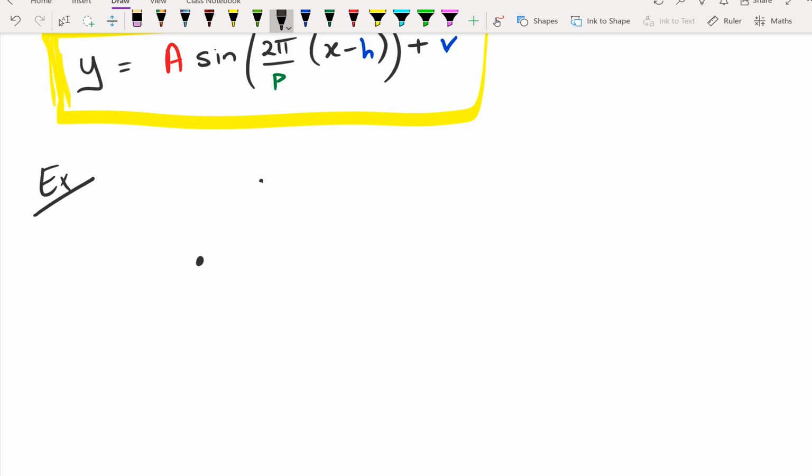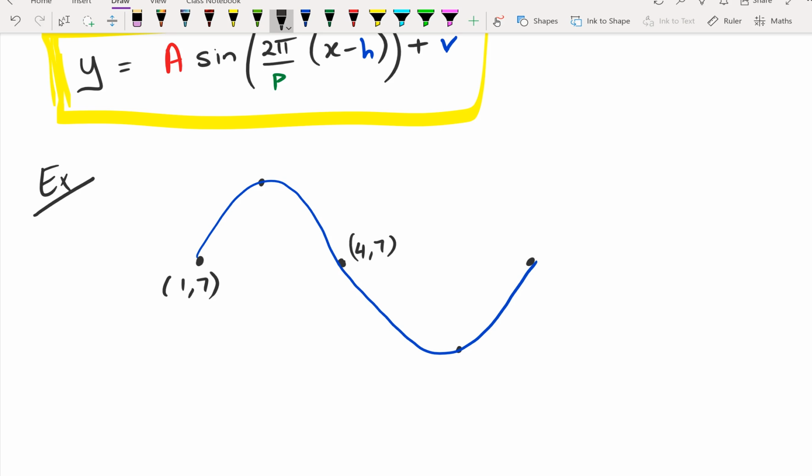So we've got this point. I'll put a few points up. Let's say this point right here is, I'm going to try and do this, 1, 7. Let's make this 4, 7, 7, 7.